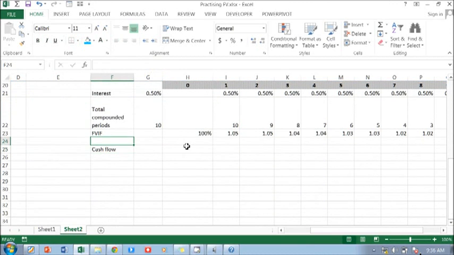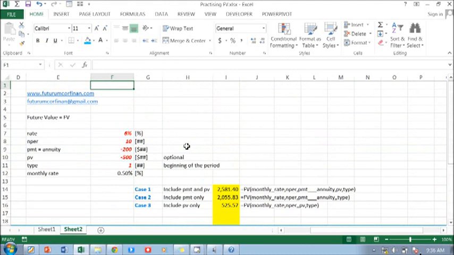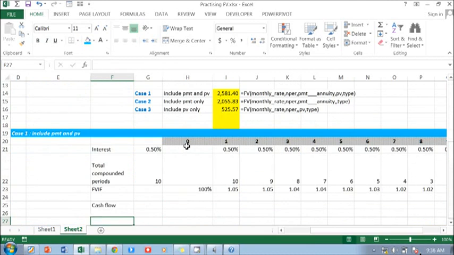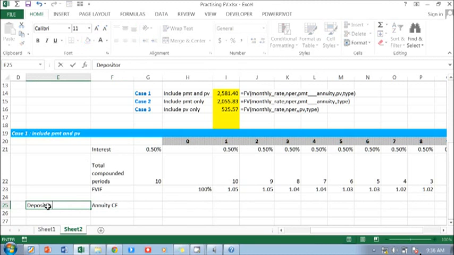So the case 1 cash flow is, you just have to save it first. So minus 200. This is the annuity cash flow. You have a minus. Minus means that your cash flow is out. So if you look from the depositor's point of view, it means that you deposit your money.